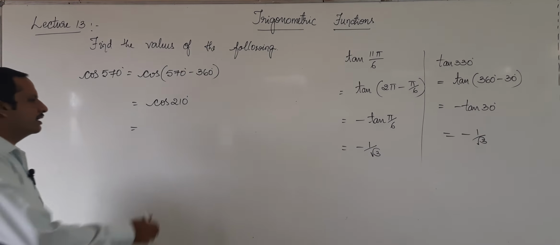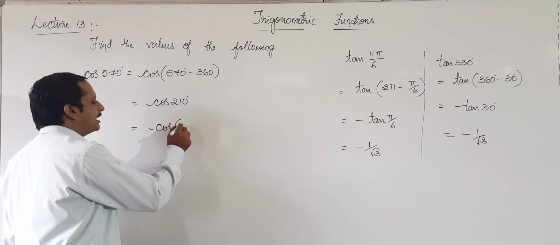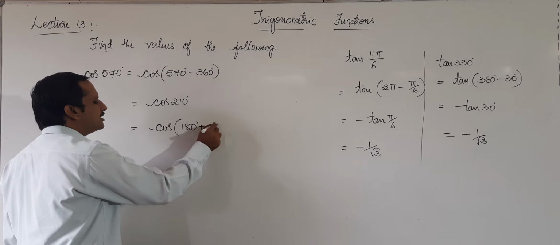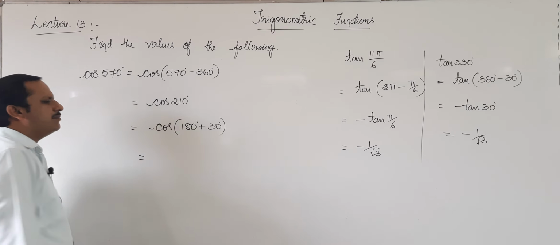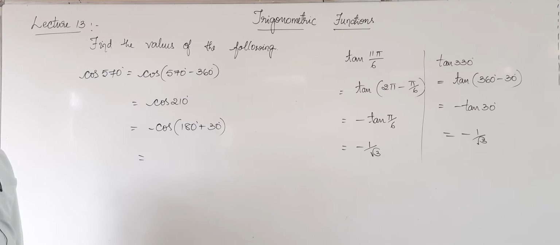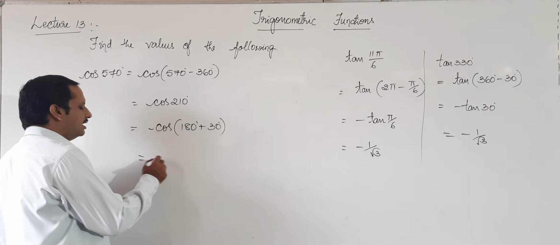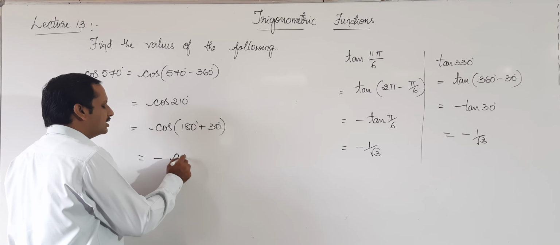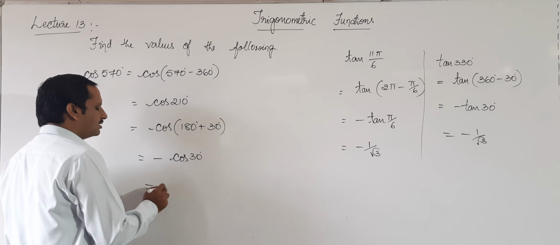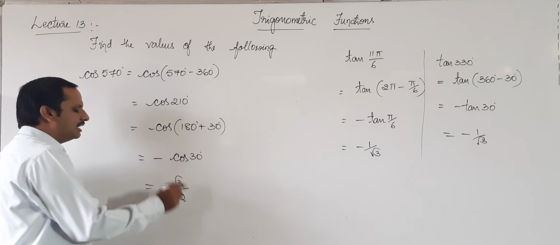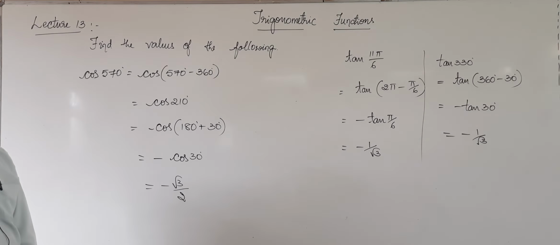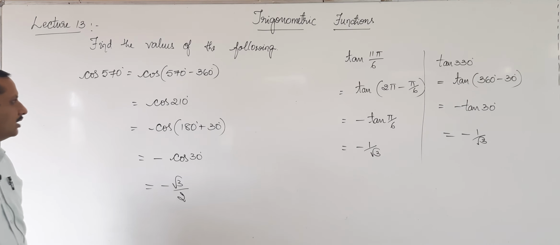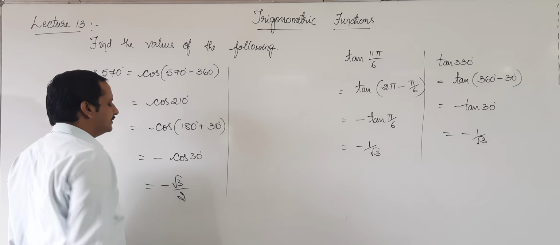Cos 210 degree. I will write it as 180 plus 30. Cos 180 plus 30, third quadrant. In the third quadrant, cos is negative, 180 is horizontal line we are using, so same function, minus cos 30 degree. Cos 30 is root 3 by 2, so here we get the answer as minus root 3 by 2. Okay, next.